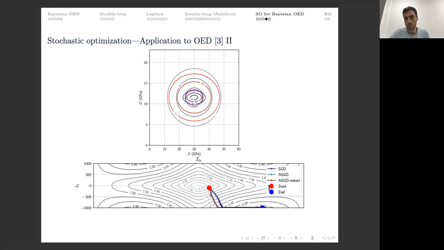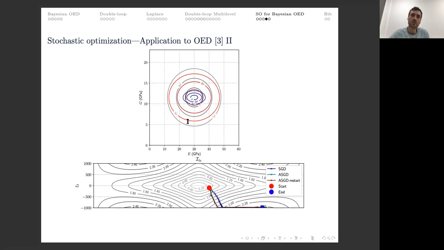Our starting point, this is the beam, the bottom plot. And the isolines are the isolines of the expected information gain. And here we use three different algorithms. I'll not focus on that. And our optimal point is the blue dot.